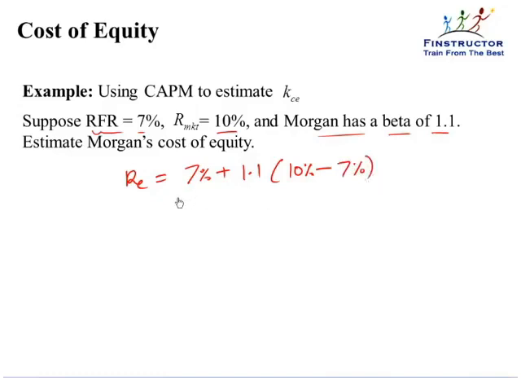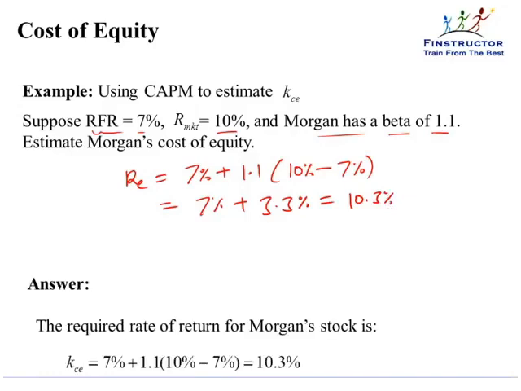You could either enter them as 0.07 or as 7%, won't make a difference. So it will give us 7% plus 3.3%, that is equal to 10.3%, that is the cost of equity. This was the first method of calculating the cost of equity.